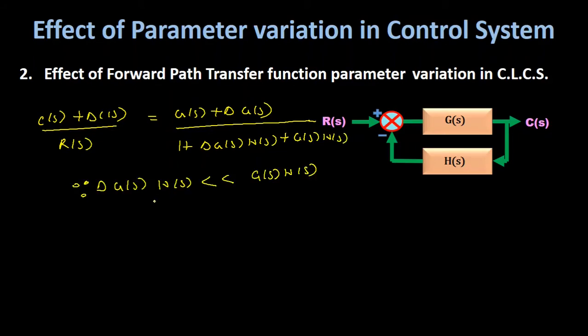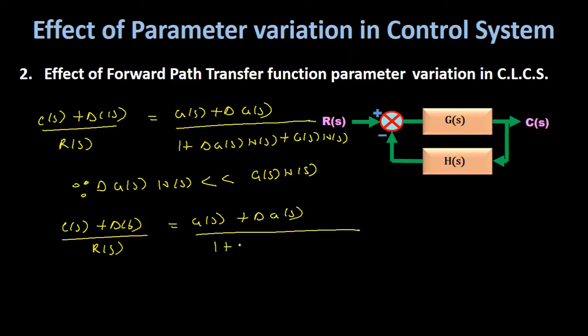Now since del G(s) into H(s) is very much smaller than G(s) into H(s), we can neglect the effect of del G(s) into H(s) in the denominator part. Then we will get C(s) plus del C(s) divided by R(s) is equal to G(s) plus del G(s) whole divided by 1 plus G(s) into H(s).